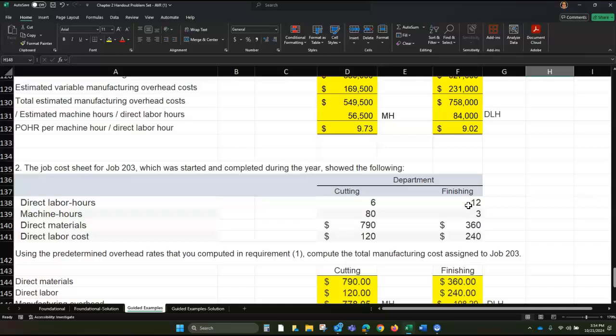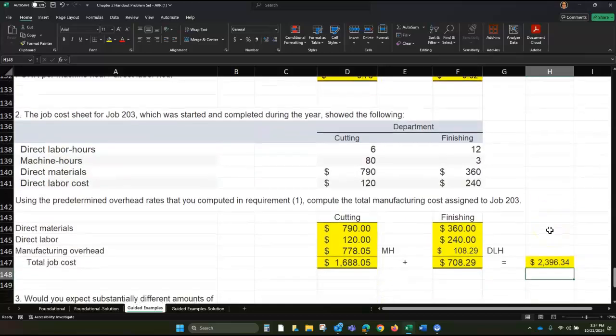Okay. But when we look at this, look at the differences there. Think about what we just said. If we were using a company-wide rate, cutting would get half of what finishing is going to get on overhead.